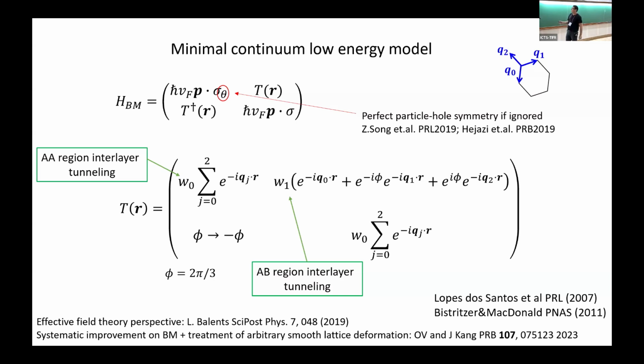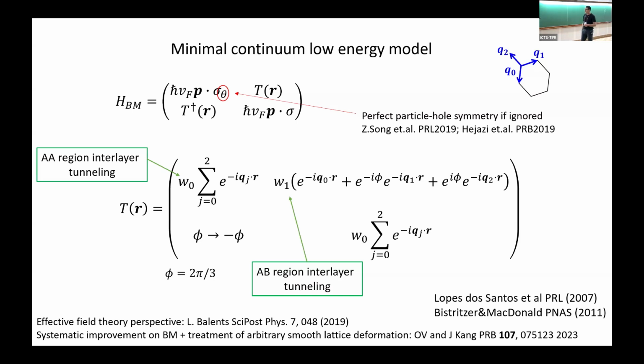Now, the original derivation of this was in momentum space. There is a very nice paper by Leon Balents where he provides an alternative real space perspective on how to derive this, and think of this as an effective field theory.